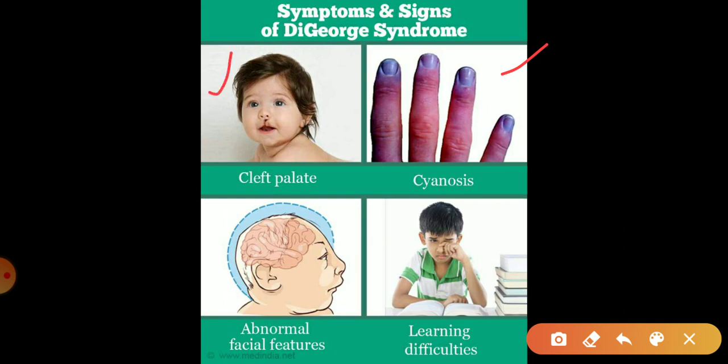There is cleft palate because of the failure of fusion of the pair of maxillary prominences with the medial nasal prominence. Once they fail to fuse, an opening remains, and that is called a cleft palate. There are also facial anomalies, because different structures that form from the third and fourth pharyngeal pouches are not formed, and there is difficulty learning.